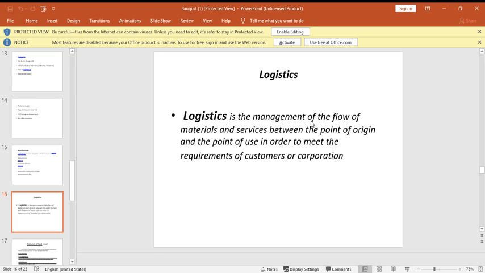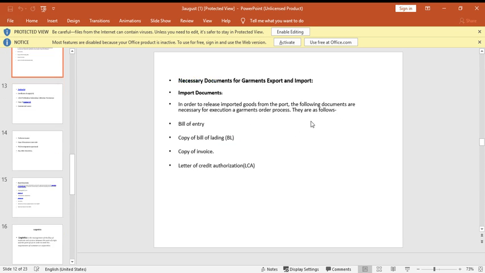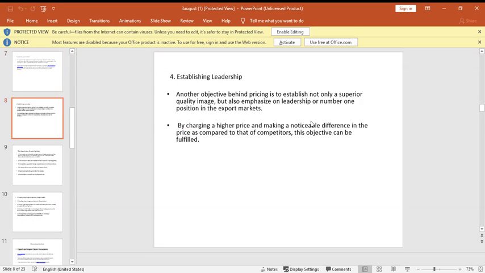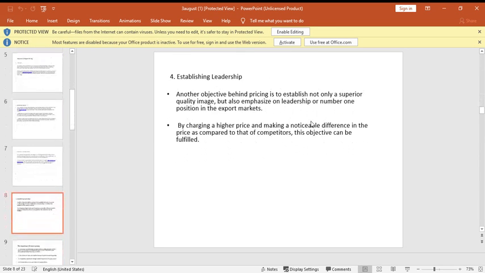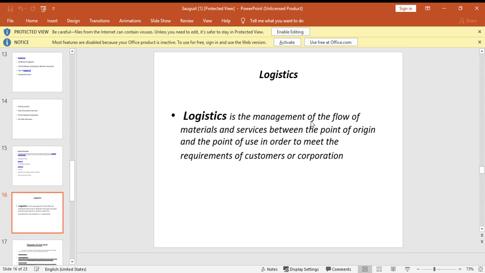It's called logistics. So these are the three objectives we have learned: export pricing, documentation and logistics.